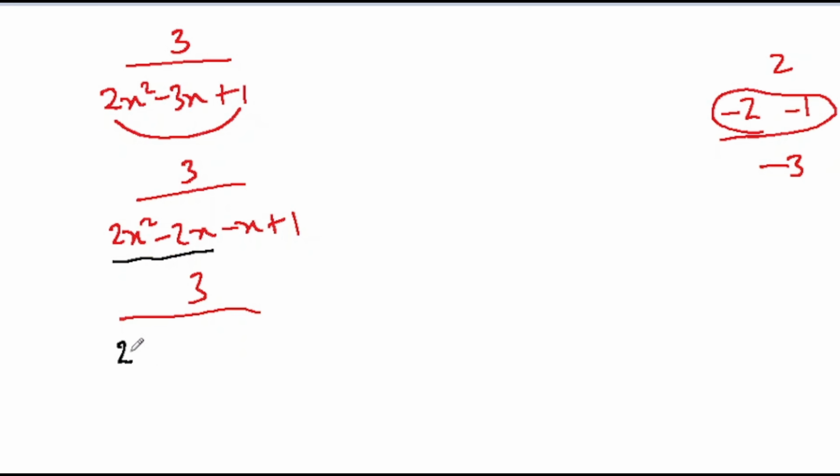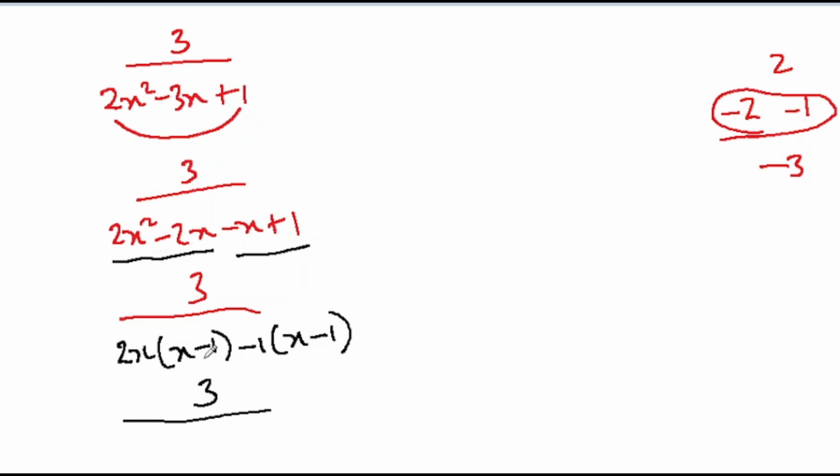That's going to give us 2x. So here we are going to have x minus 1. Then we'll find the highest common factor of the last two terms, negative x plus 1, and that's going to be negative 1. So here we have x minus 1. Okay, so x minus 1 appears twice, so we are going to write it once, and we have (2x - 1)(x - 1).